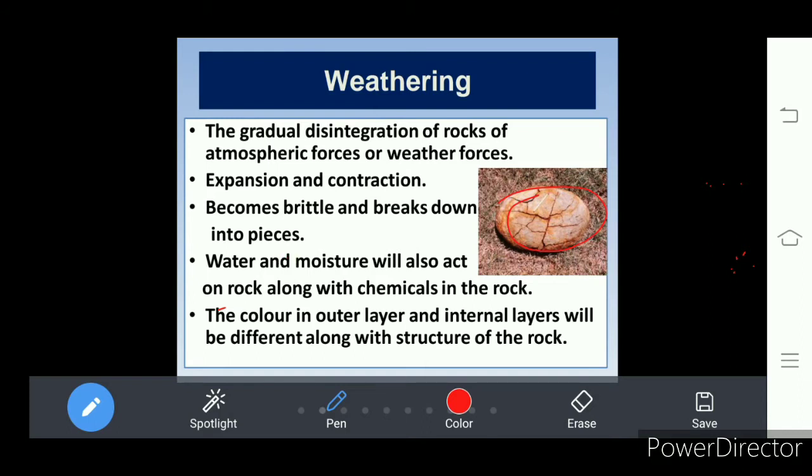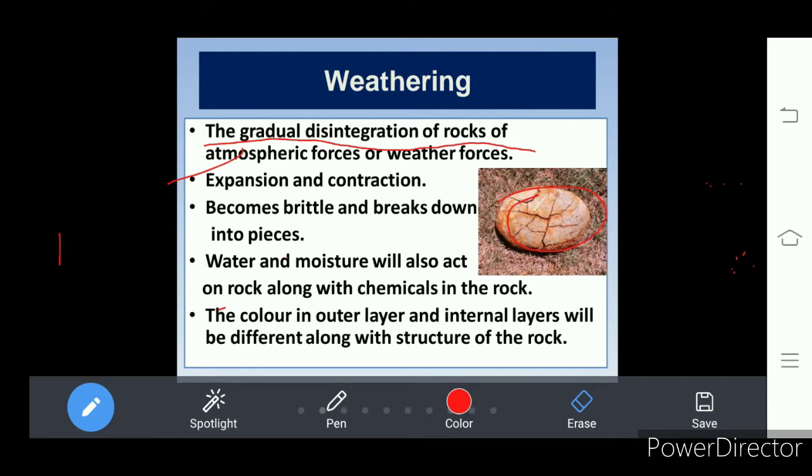The gradual disintegration of rocks by atmospheric forces. What are atmospheric forces? That is wind, we call it natural agents, wind and water, right? So wind and water are called atmospheric forces.